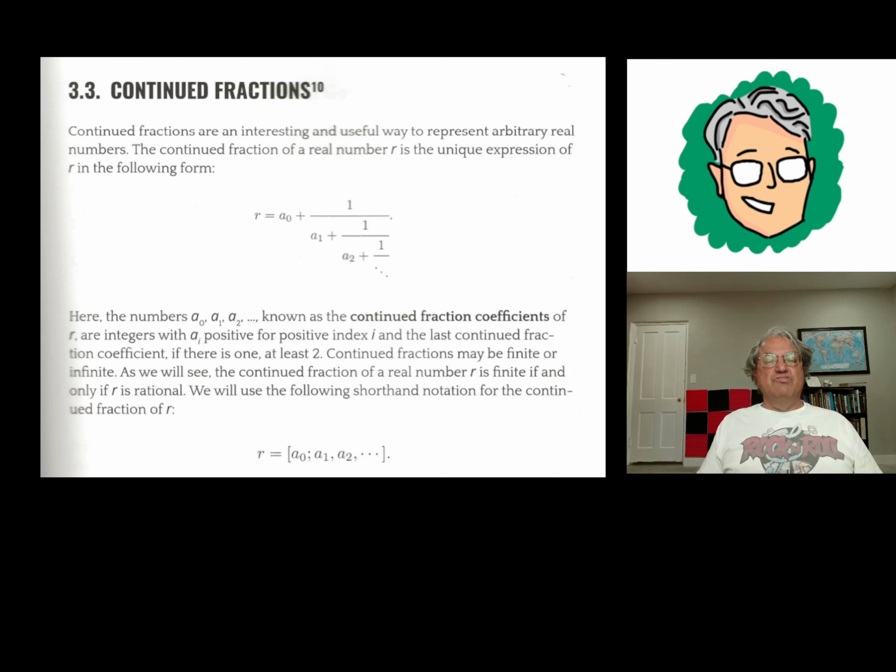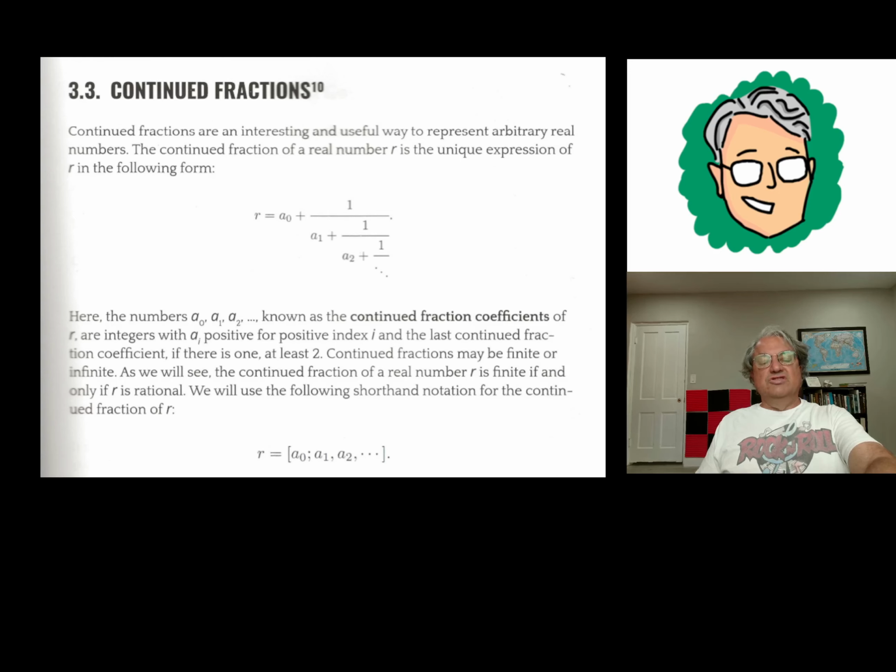They're all integers, but a1, a2, and so on all have to be positive integers, whereas a0 doesn't have to be positive. As a matter of fact, if R is negative, a0 will be negative. A0 can also be 0. A0 is just the floor of R, so whatever R is, it can be positive or negative. But then after that, we write a1, a2, a3, and so on. That's how we write continued fractions.